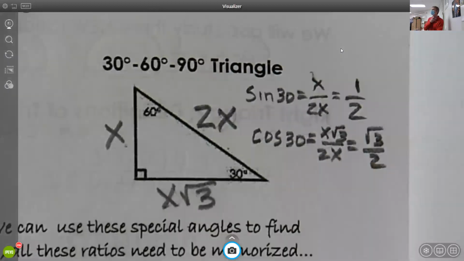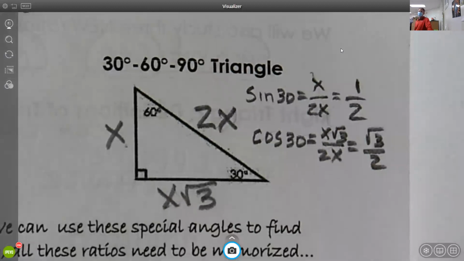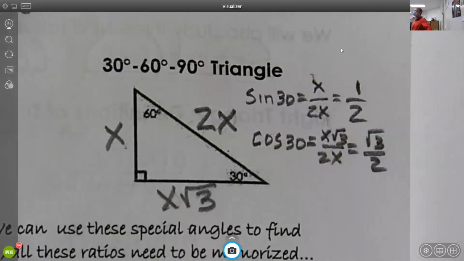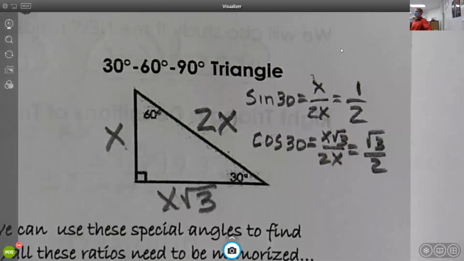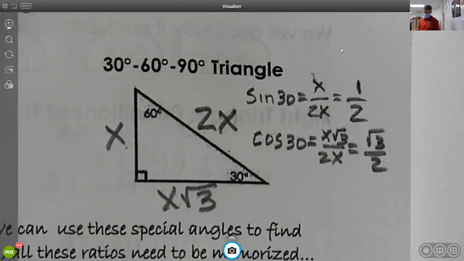Now, those two values right there, 1 over 2 and root 3 over 2, those are most of your answers on the unit circle. If you know those two numbers, you know all the answers on the unit circle. So you can put that as your cosine of 30.